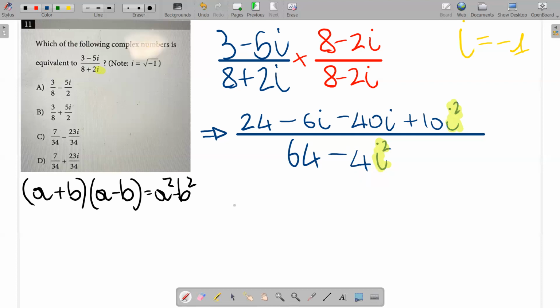But in this case, because of it, we can simplify all that. 24, at the moment, stays as it is. Negative 6i, negative 40i will become negative 46i. And then this one will become 10 multiplied by negative 1, so it's going to be negative 10.